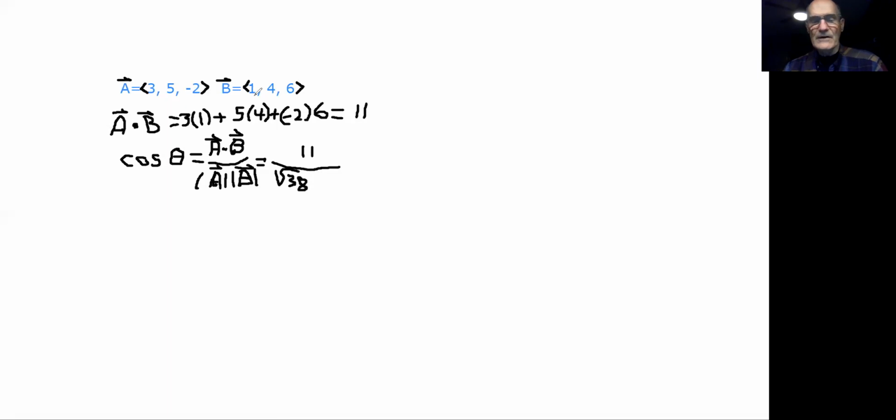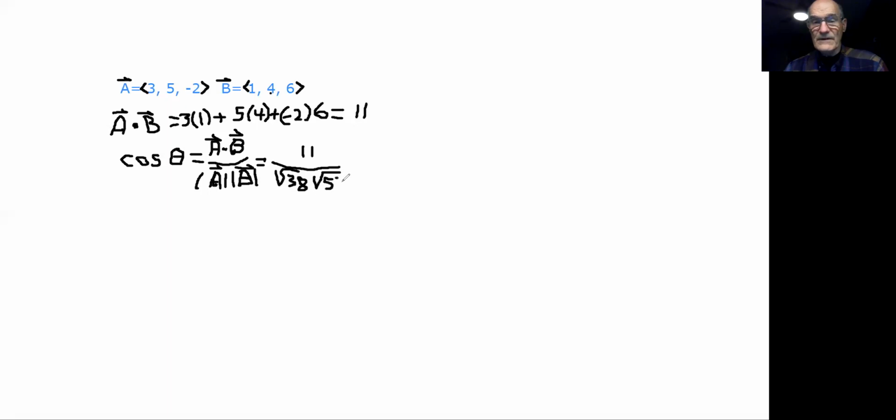And then you look at the magnitude of B. 1 squared is 1. 4 squared is 16, and 6 squared is 36. So 36 and 16 is 52, and 1 makes 53. So that's the square root of 53.